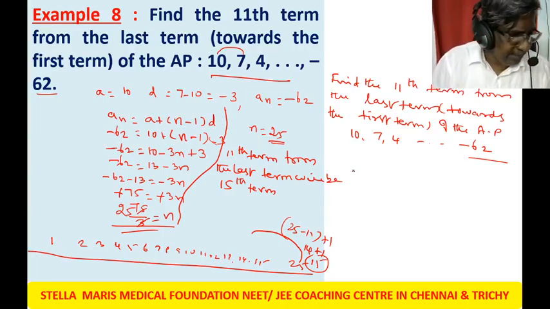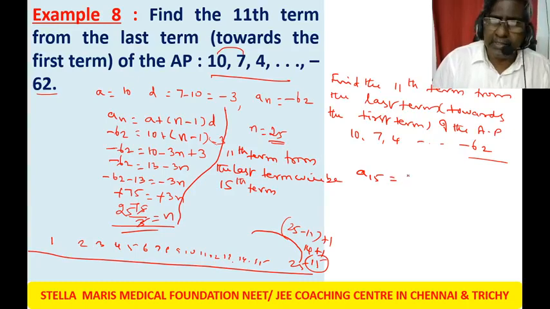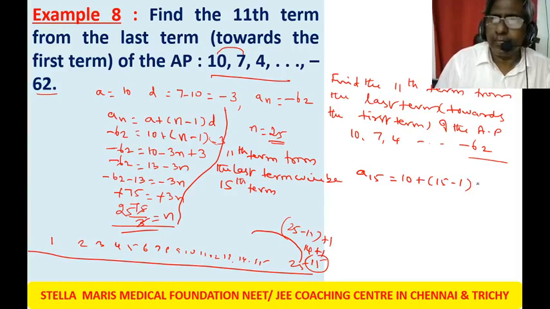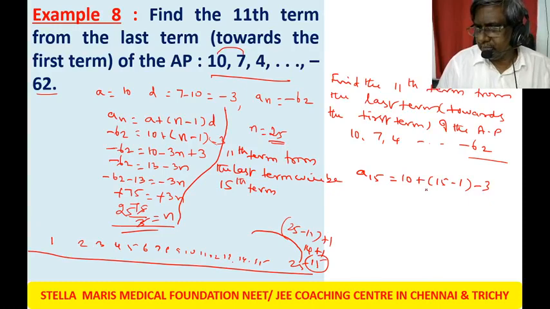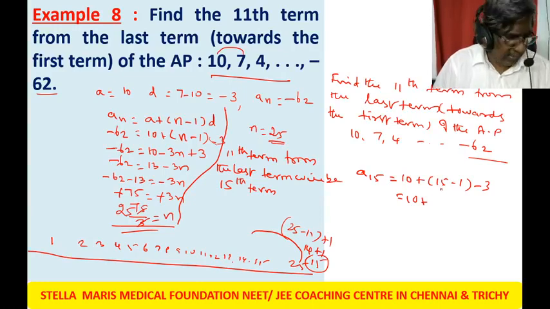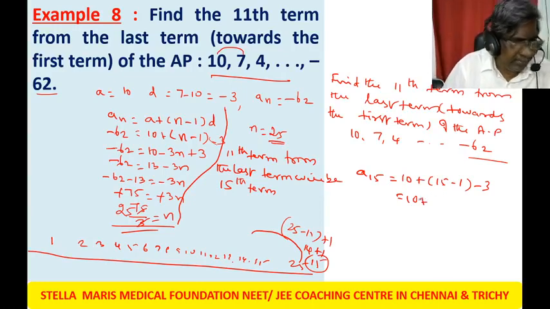So A15 will be, okay. We'll find out what the 15th term comes to. A15 is A, that is 10, plus 15 minus 1 into minus 3. So it will be 10 plus 15 minus 1 is 14. 14 into minus 3 will be minus 42.